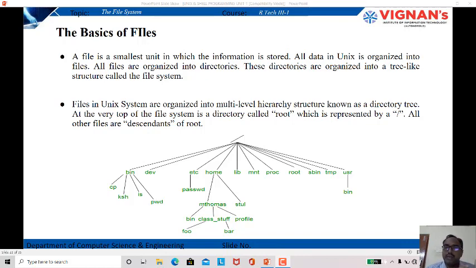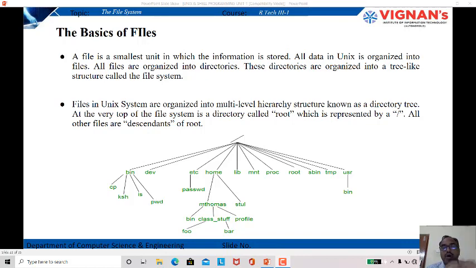So the file system is nothing but one specific hierarchy which represents the directories. In most cases, files in Unix operating systems are organized into a multi-level hierarchy structure, that means multiple levels, known as a directory tree.